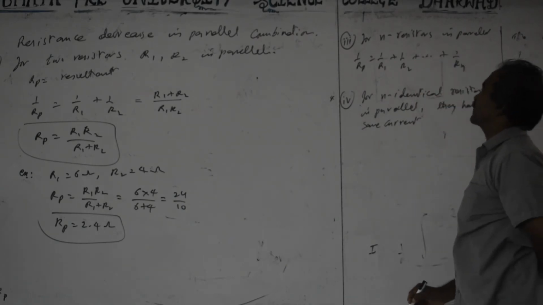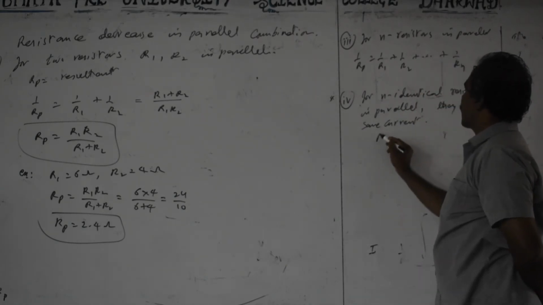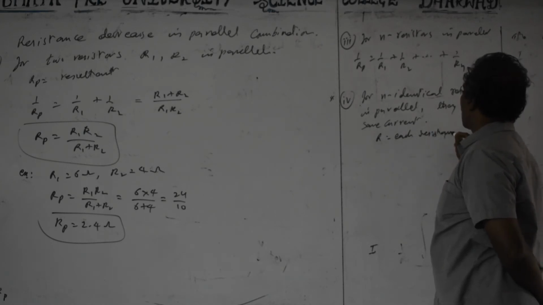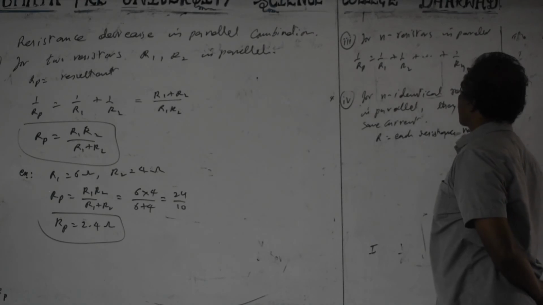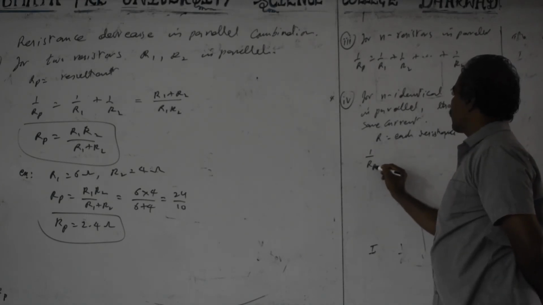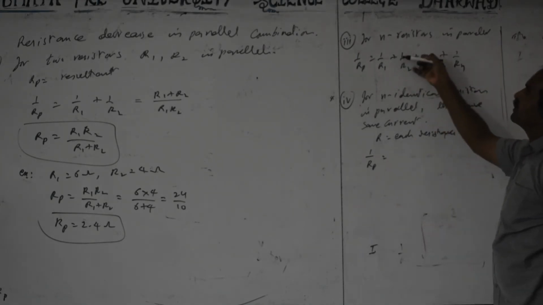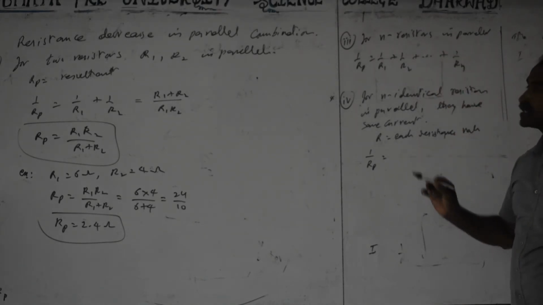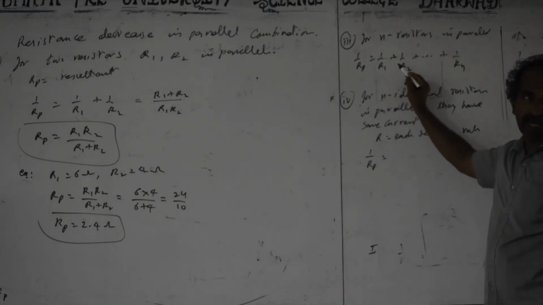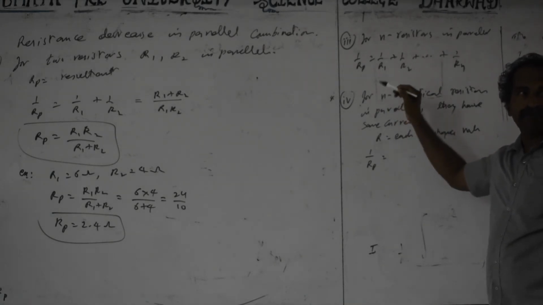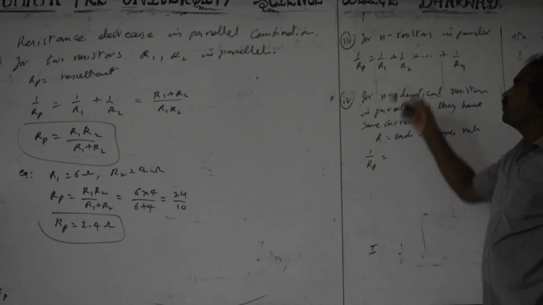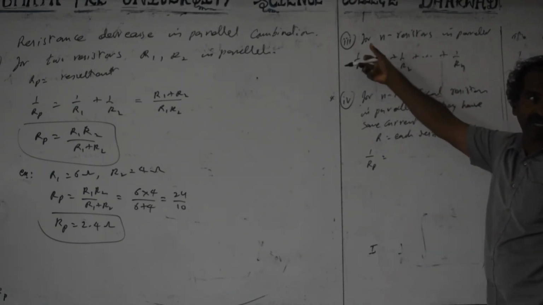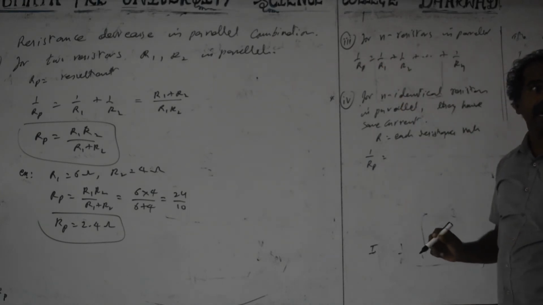They all have equal current. Let R be each resistance value. Then 1 by R parallel becomes 1 by R plus 1 by R plus 1 by R and so on. If I take 2, the result is 1 by R plus 1 by R, which is 2 by R. So R parallel becomes R by 2. If I take 3, it is 3 by R, and taking the reverse, R by 3. If I take n, R by n.